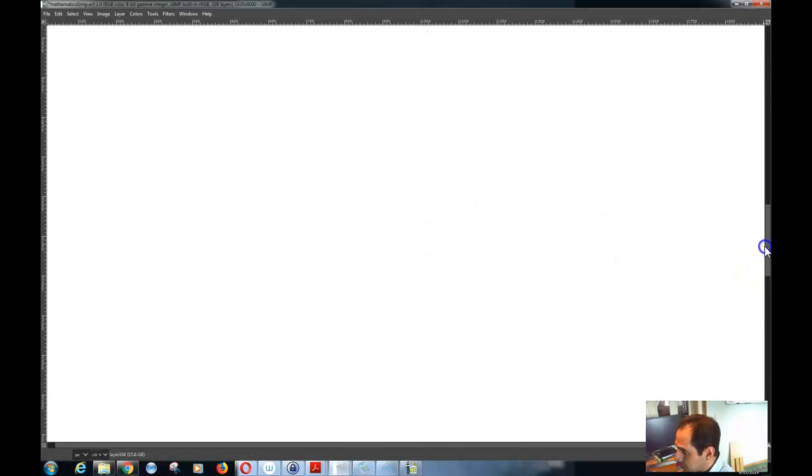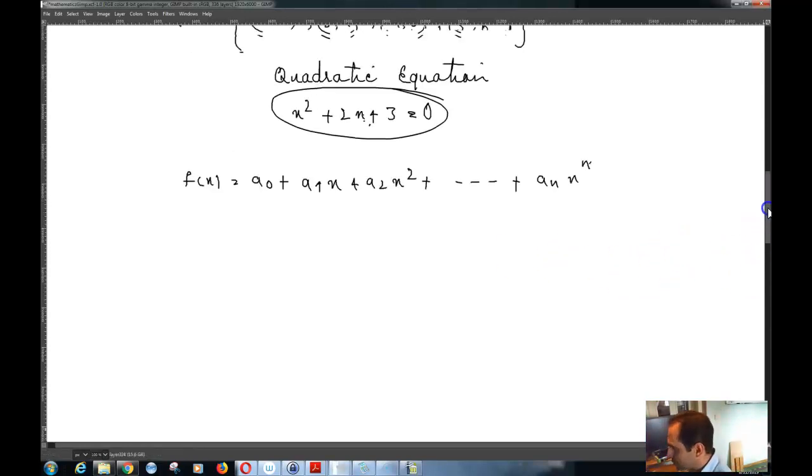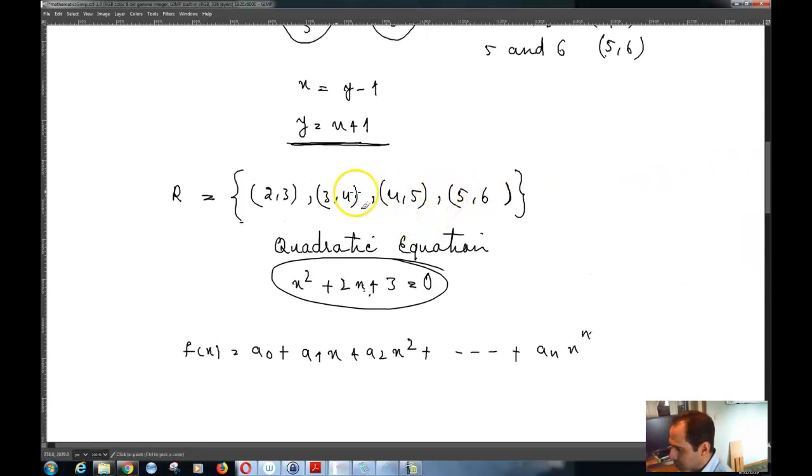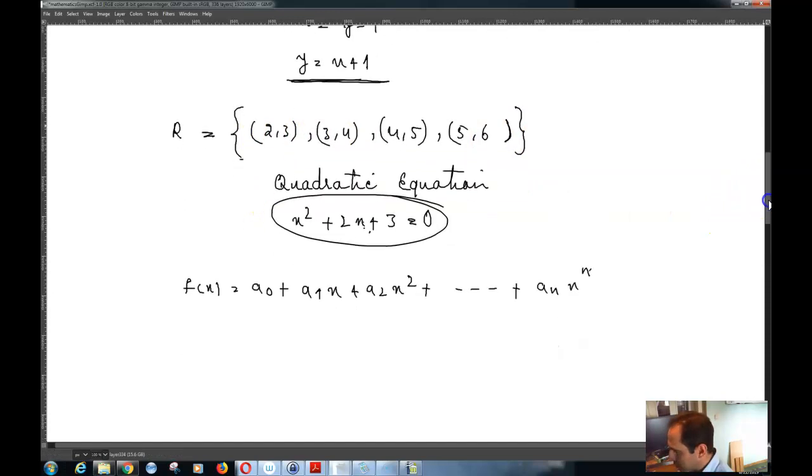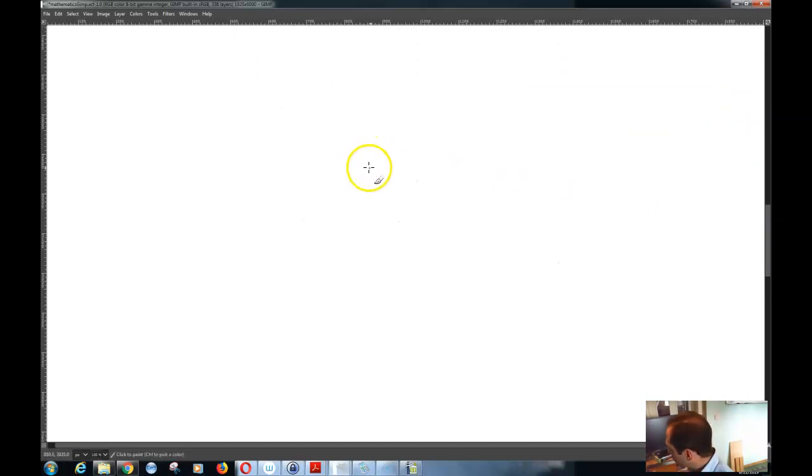And then the next thing that we will also do here is learn about special relations. We could find some relations between these two objects in a pair, and there is some specific kind of relation.